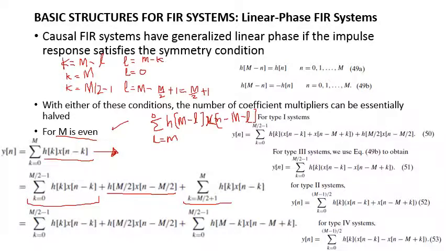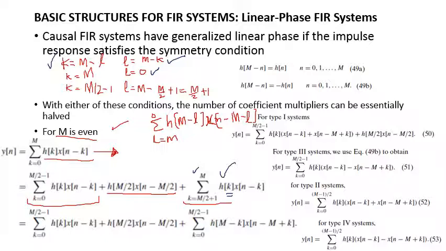Okay, so let's change the variable here. The variable of summation is k. So if I say k equals M minus l, that means l equals M minus k. That's straightforward, right? Now when k has limit equal to M, we replace k here by M, so M minus M, we have l has limit of 0.